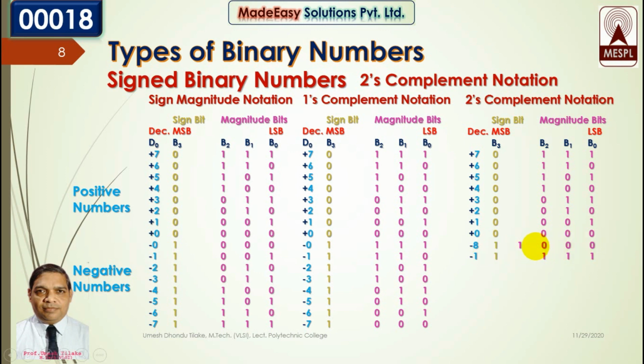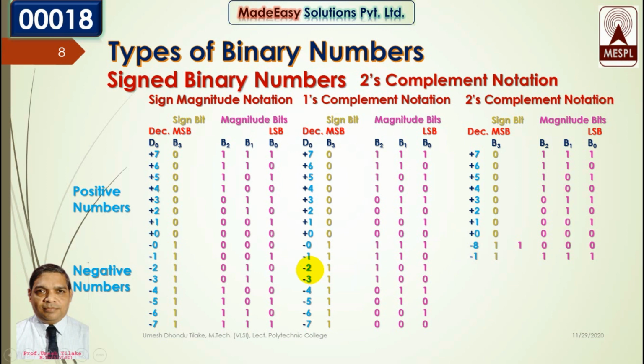If we take 2's complement of it, we will get again 1 0 0 0. Similarly 2 power 2 is 4 and 1 0 0 in binary is 4. So when we take 2's complement of 1 0 0, again we will get 1 0 0. But for other numbers, to get the original number from 2's complement, we have to take 2's complement of it.